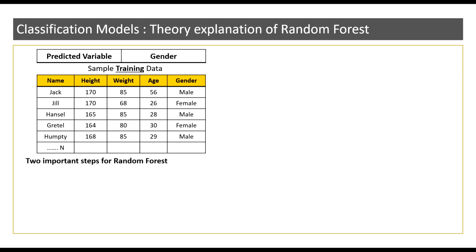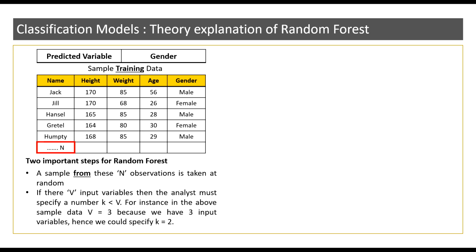There are two important steps to build a random forest model. Step 1 is to keep taking a random sample from the n observations in the above training data. Step 2. If we have v input variables, then the analyst must specify some number k such that it is less than v.